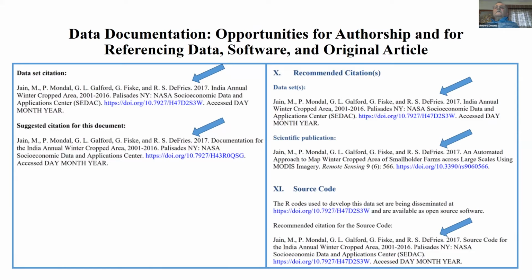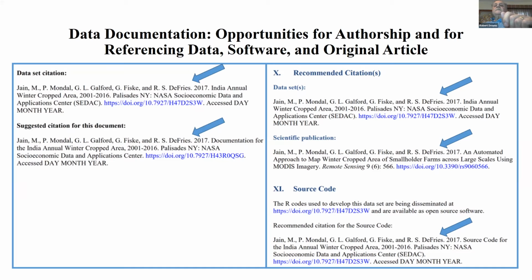When we look at the data documentation, there are lots of different opportunities for authorship and for referencing all the different artifacts associated with the data. In the data documentation, we can see that the data set is cited, and then we can see that the suggested citation for the documentation is also there.